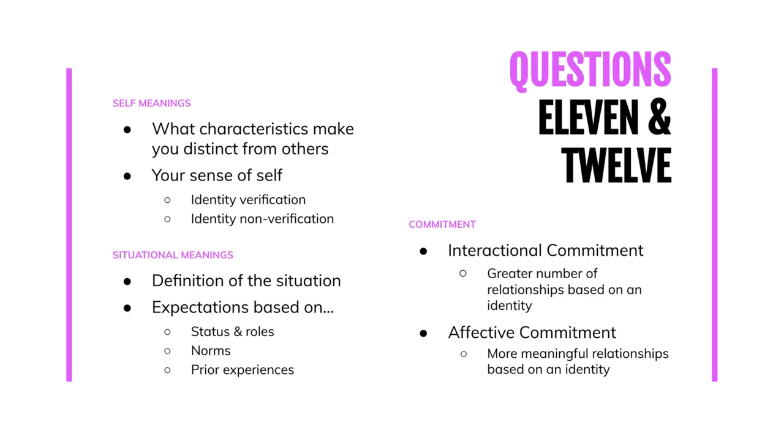And so you don't have a large number of ties based on that identity, but you have a very strong relationship with those individuals. And so this role is maybe particularly important to you. And so you're thinking about it a lot more because you're able to spend a little bit more time with them. Maybe you're concerned about your parents or they're concerned about you. And so you're thinking a lot more about that identity right now.